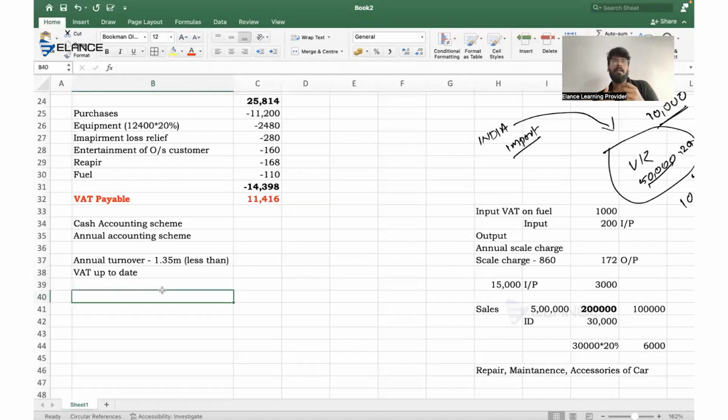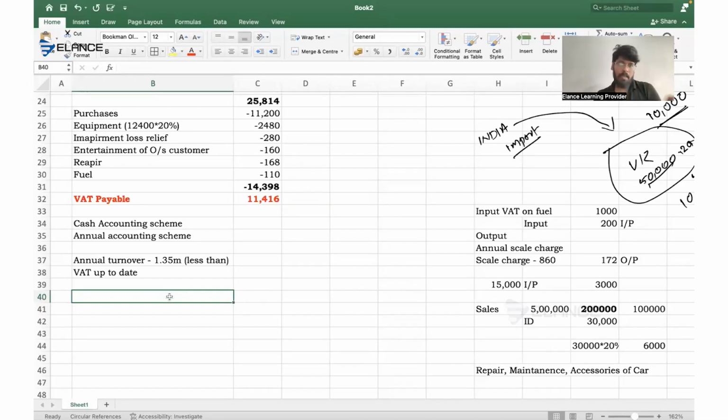If I have any unpaid or outstanding VAT in my history, I cannot register for any scheme. So if I want to join the cash accounting scheme or annual accounting scheme, my annual turnover should be less than 1.35 million, and my VAT related things should be up to date. These are the criteria for joining either of these two schemes.